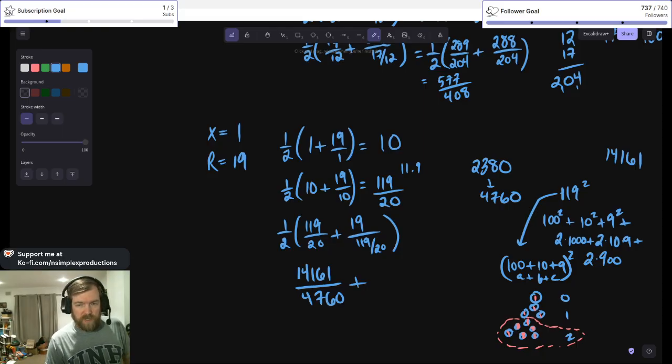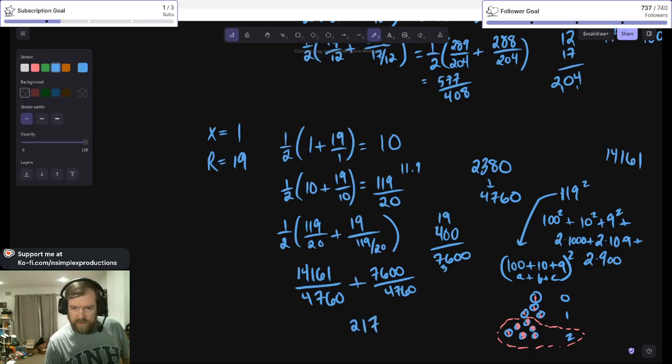So this is going to be a 20 squared on top is 400 times 19. So 36, and 4 makes 7, and then double 0. So 7,600. Over 4760 is going to make a 21,761 out of 4,760.